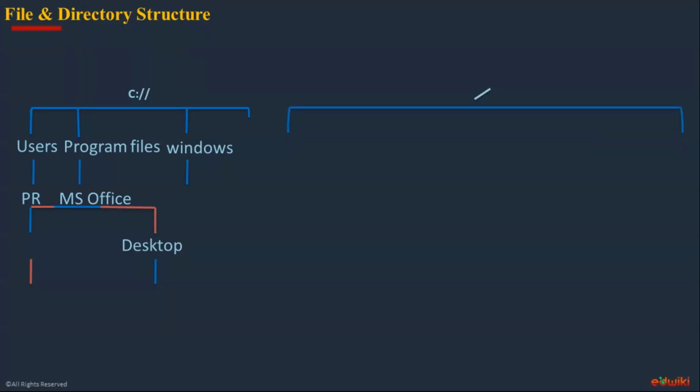Inside the slash folder there will be some more subfolders, and these subfolder names are opt, home, tmp, usr. This is how the subfolder names will be.